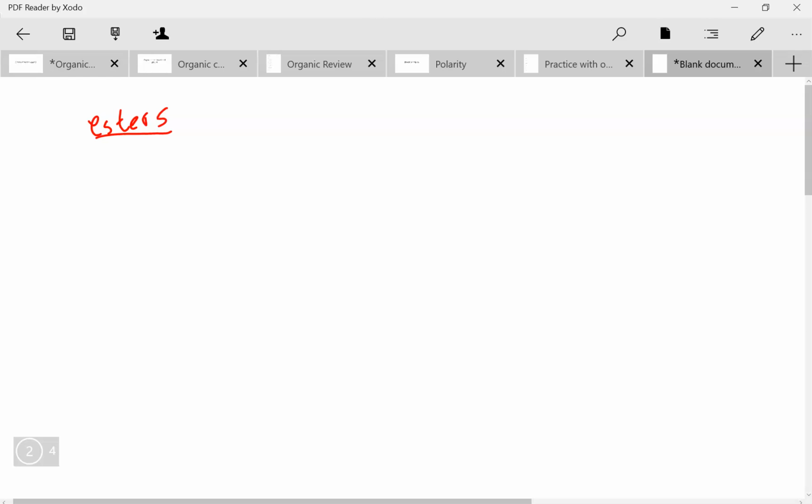And these occur in reaction between carboxylic acids plus alcohols. Okay, so let's take a look. Carboxylic acid, so any example, I'll do propanoic acid.